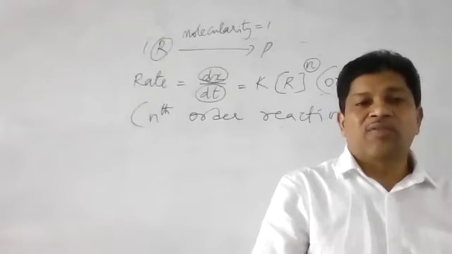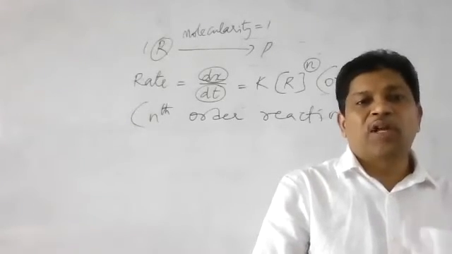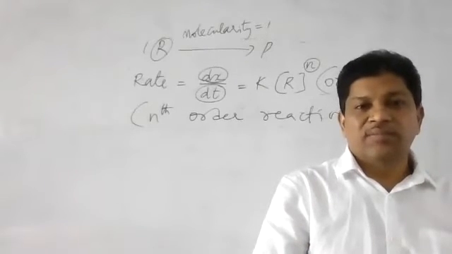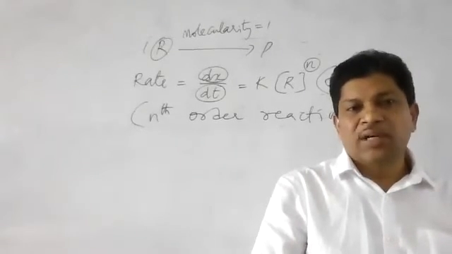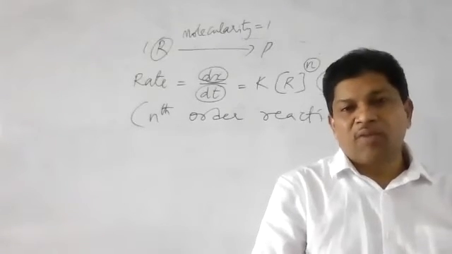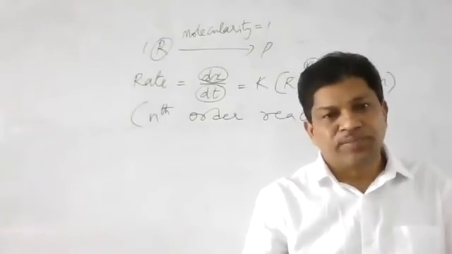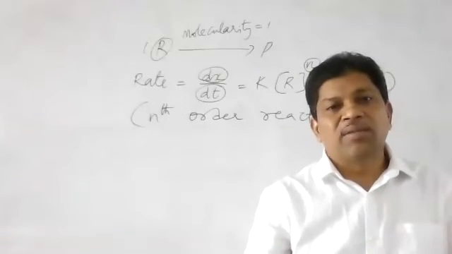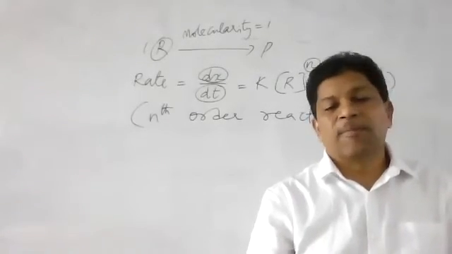Fractional means, if order of reaction is 3 by 2, 1.5 is the order of reaction. If order is 5 by 2, that is 2.5 active moles. If the number of active moles is 2.5, the order of reaction will be 2.5, that is 5 by 2. Like this, the order of reaction may be negative, 0, or fractional.